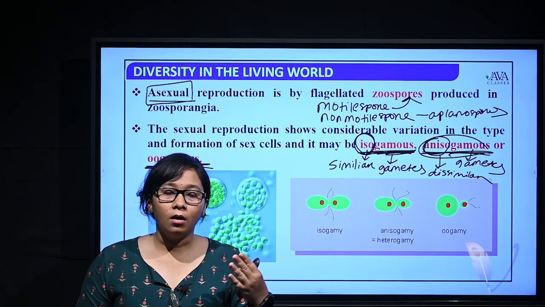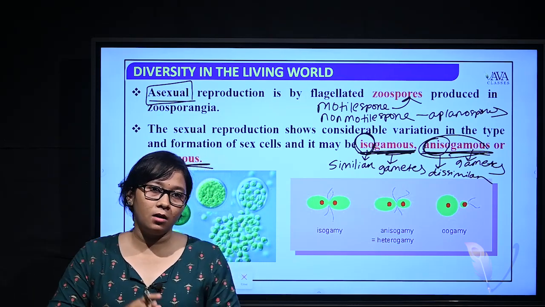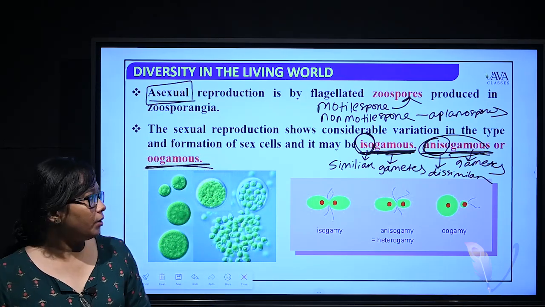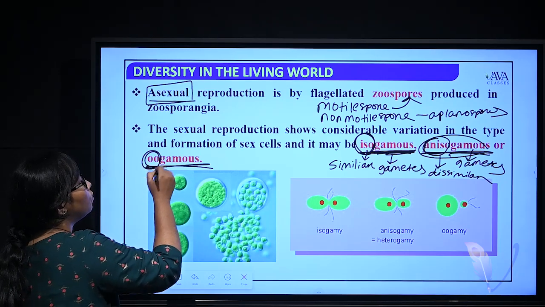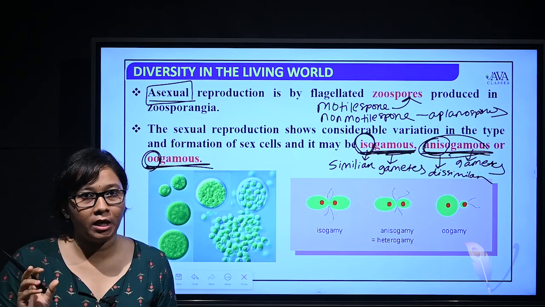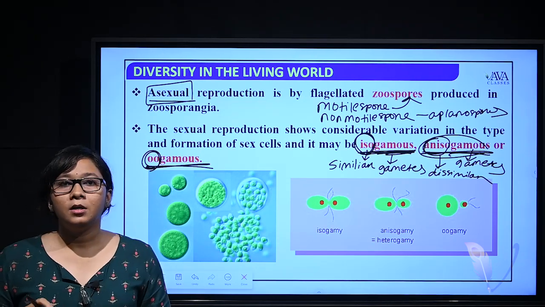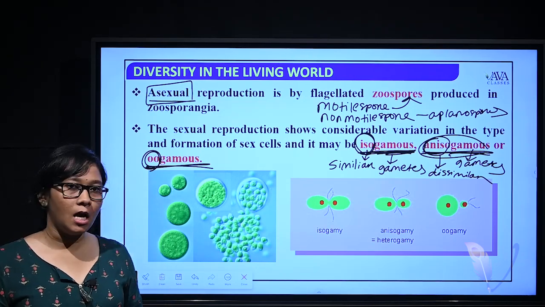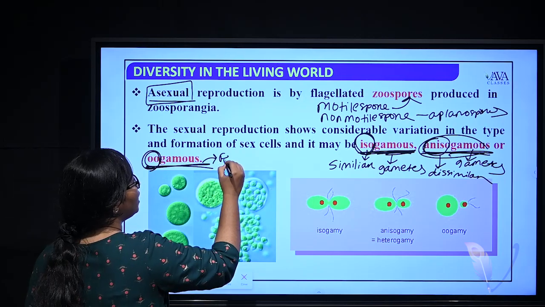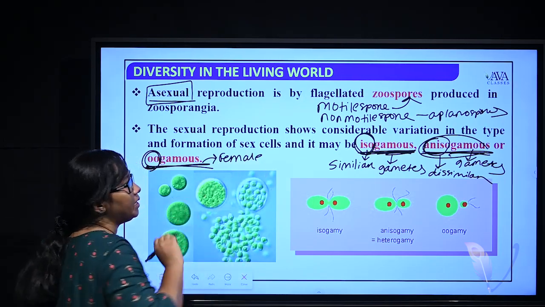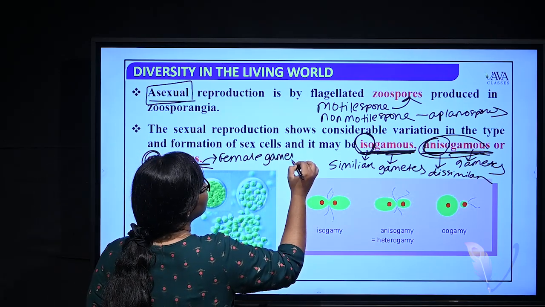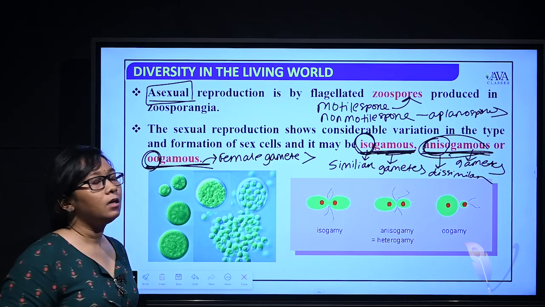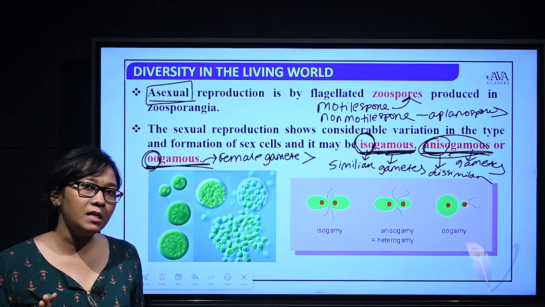Whether the male is larger or the female is larger. In oogamous, generally oo refers to your female. In oogamous generally the female gamete is larger, and the male gamete is generally smaller.